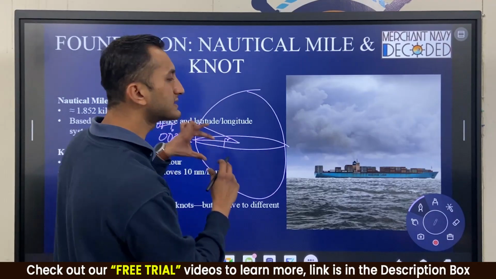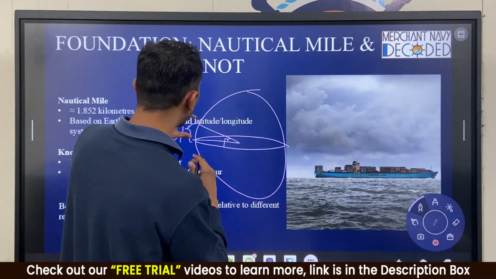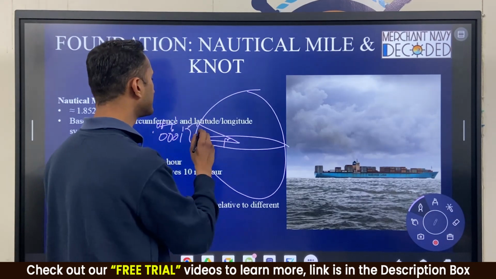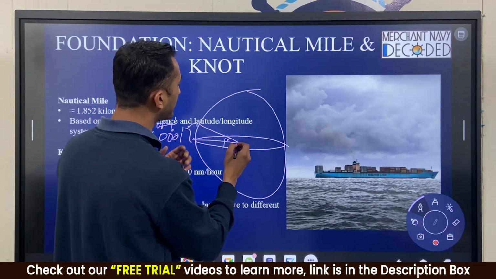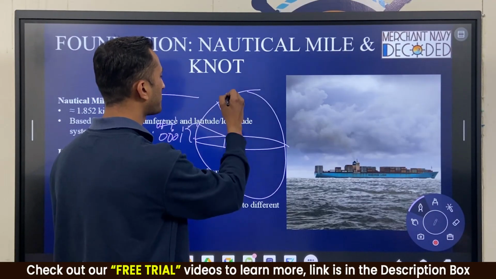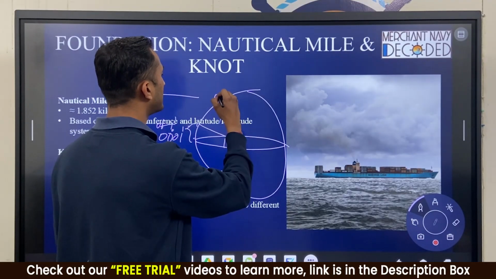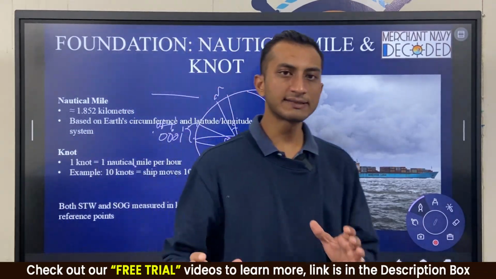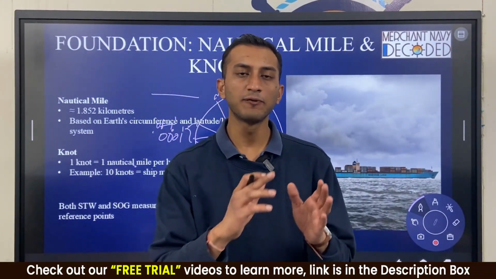If I have to measure it in kilometers, how much is the distance from this point to this point? It can be anywhere from this point to this point. This angle can also be 1 minute. So I'll be measuring the distance between these 2 points in kilometers. So this is 1 nautical mile.